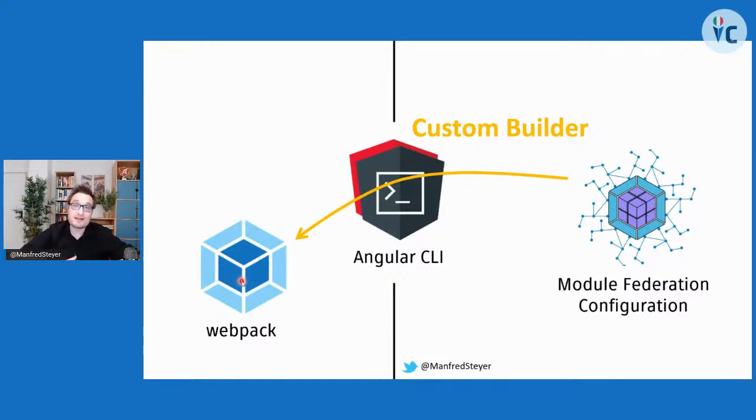So at the end of the day, this custom builder just needs to delegate the config, and then it needs to delegate to Webpack. This is about 10 lines of code in the core and a lot of boilerplate around it, a lot of boilerplate that makes it work seamlessly as a custom builder that can be plugged into the Angular CLI.